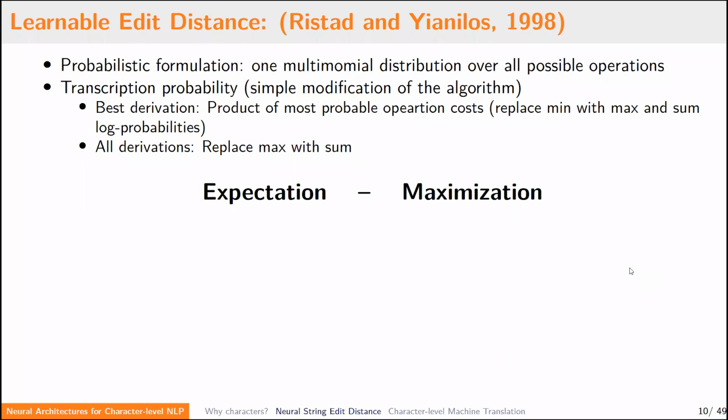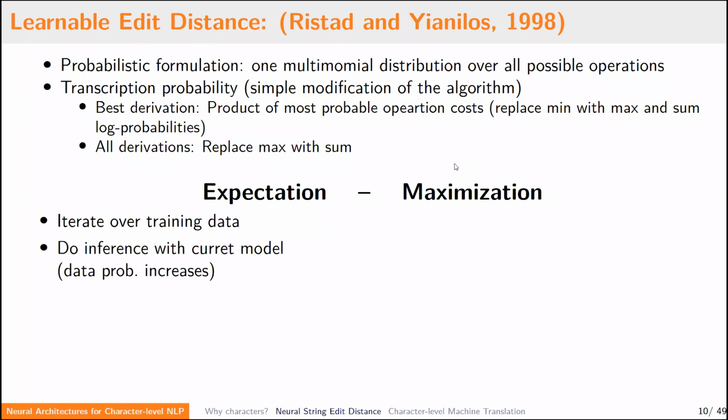And the learning is done using an expectation maximization algorithm, in a very similar way to what all of us have learned in the introductory course to statistical NLP with hidden Markov models. This is basically the same. We iterate over the training data and do the inference with the current model.